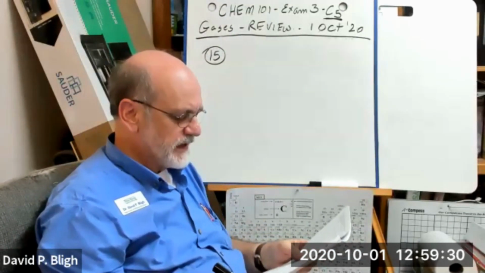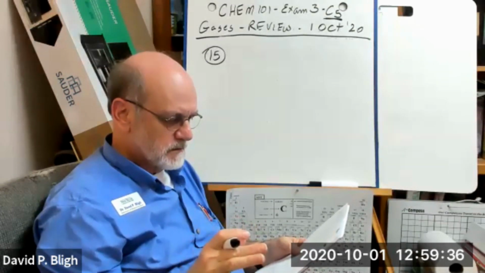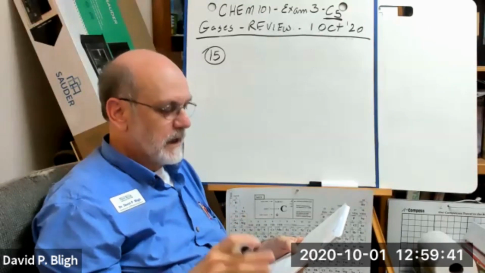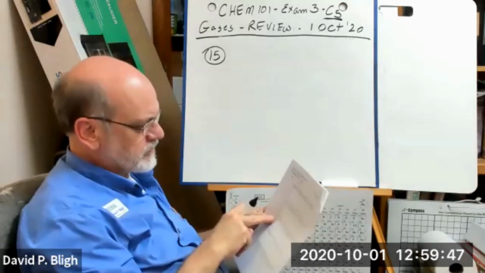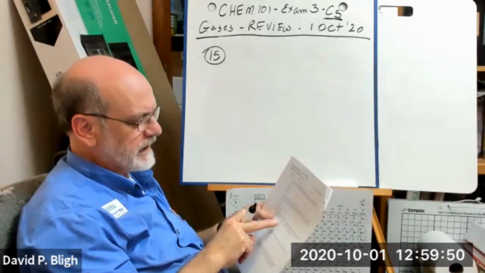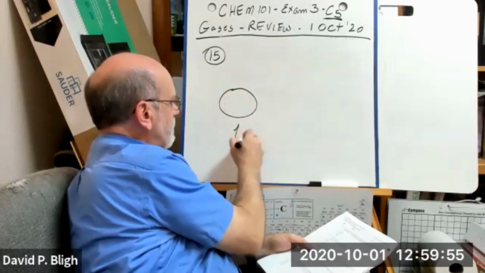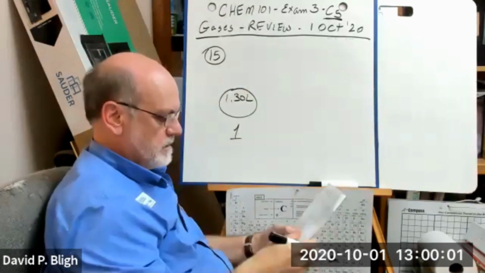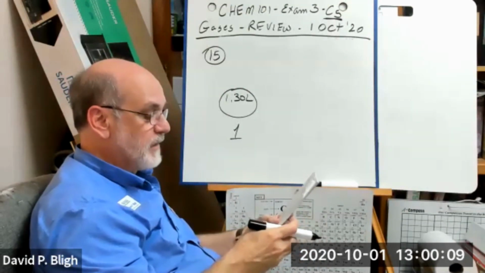Gaseous chlorine is held in 2 separate containers at identical temperatures and pressures. And then it gives us the volume of each container. So you have 2 separate containers, and let's go down to the volume. Container 1 is 1.30 liters, and it also tells how many moles we have in here.